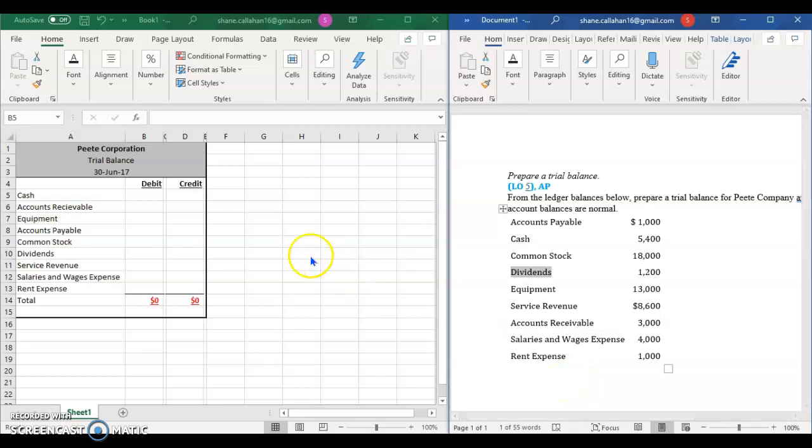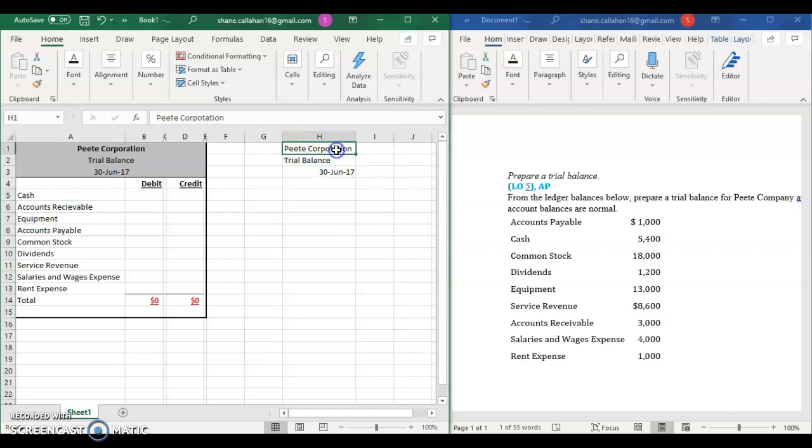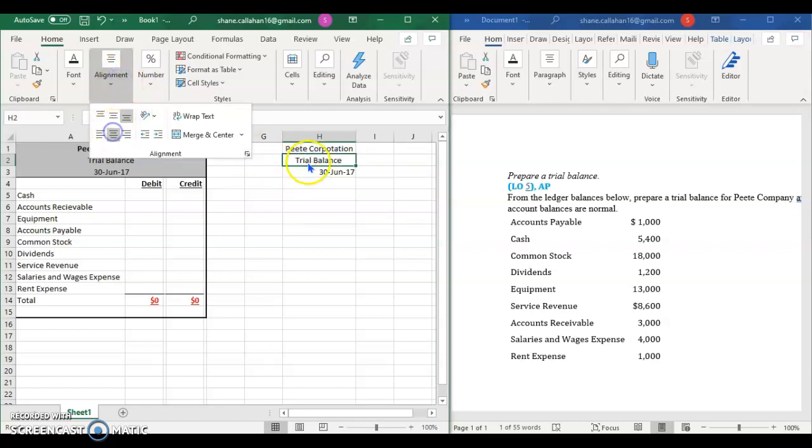Cool. So the first thing we need to do is make a trial balance sheet, which I did beforehand, but you can just put Pete Corporation, then Trial Balance, June 30th, 2017, and then have it go like this, and go to alignment, make them centered, like that.